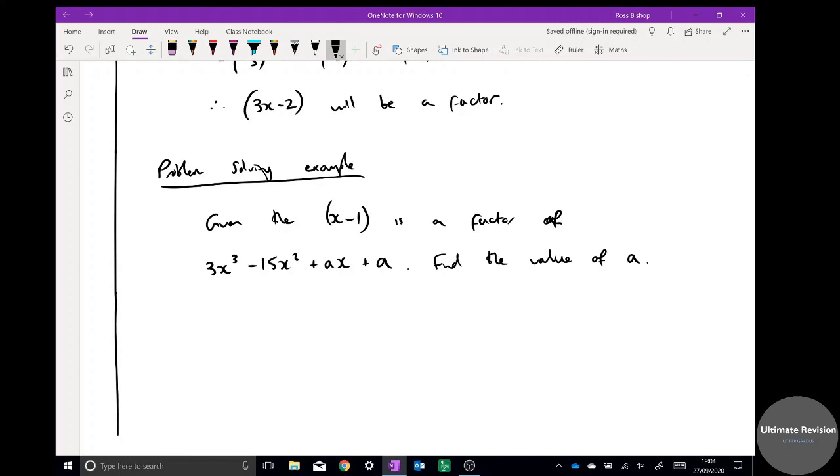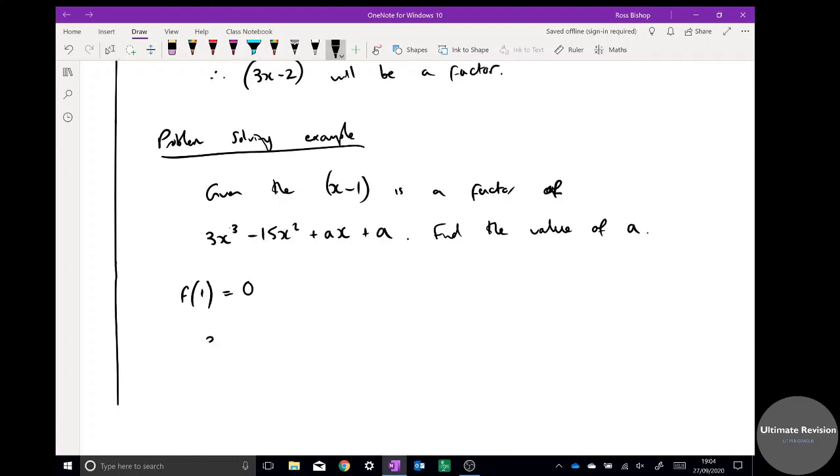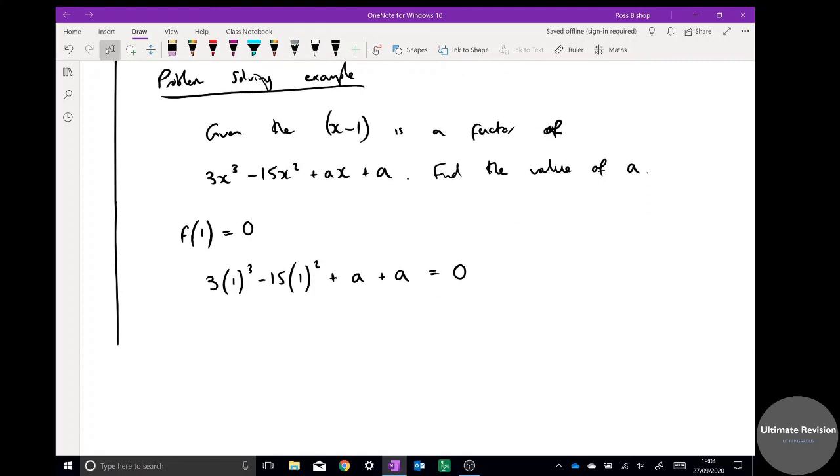Well, if we know x minus 1 is a factor, then f of 1 must equal 0. So if I put 1 into that equation, I just get 1a there plus a. That must equal 0. Let's keep going with that. So I've got 3 minus 15 plus 2a equals 0.